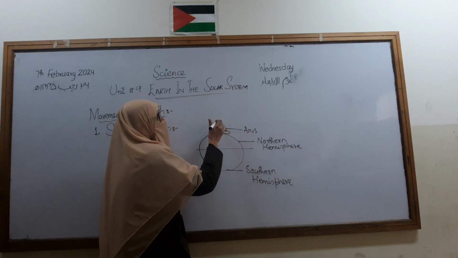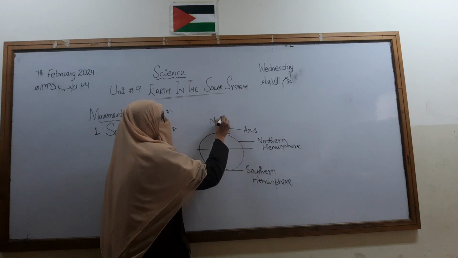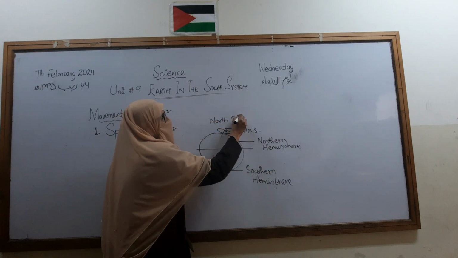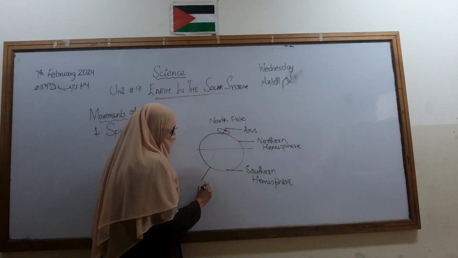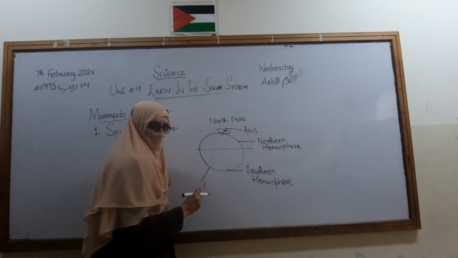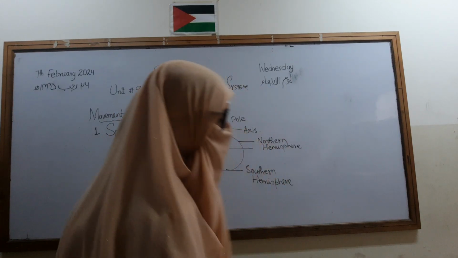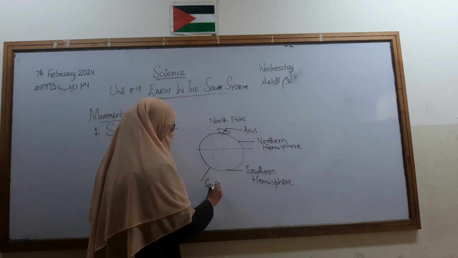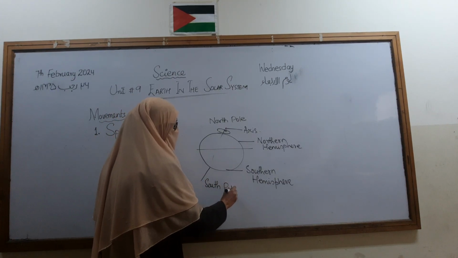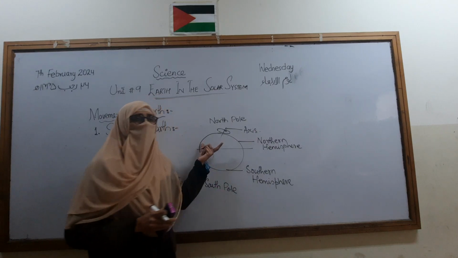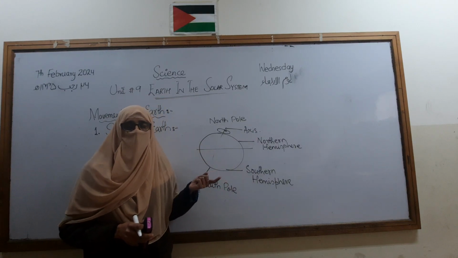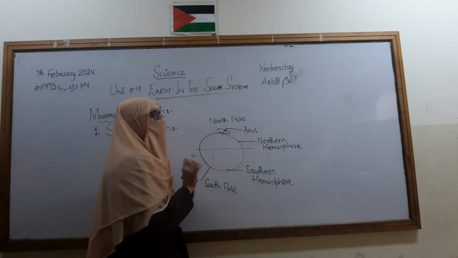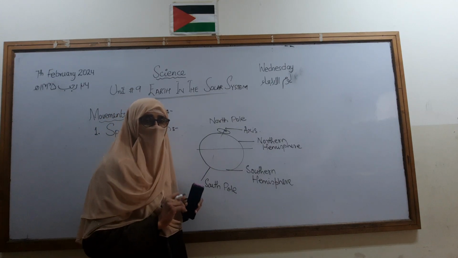The upper part is called the North Pole, and the lower is called the South Pole. And when the Earth spins on its axis, it gives the day and the night.